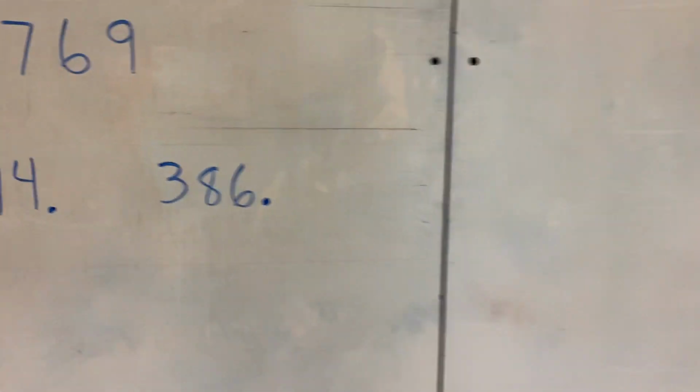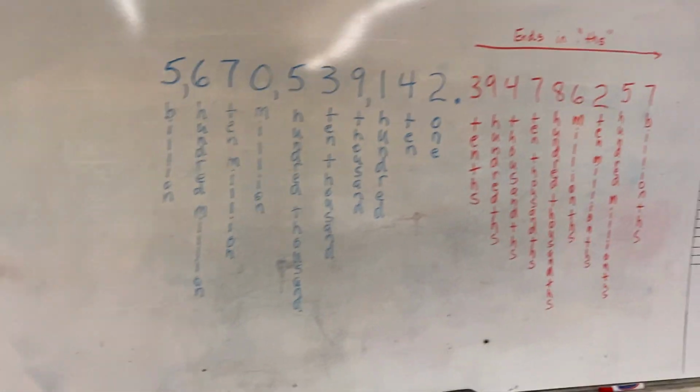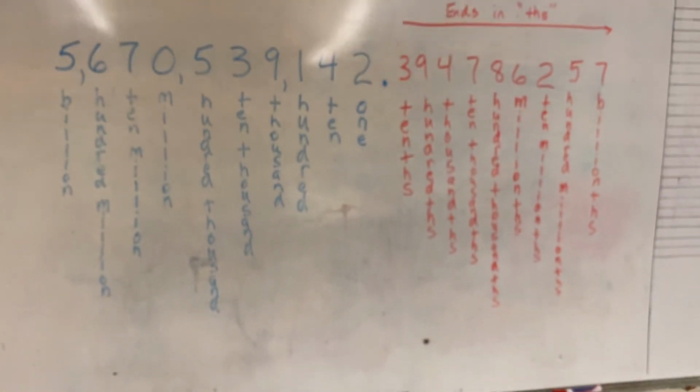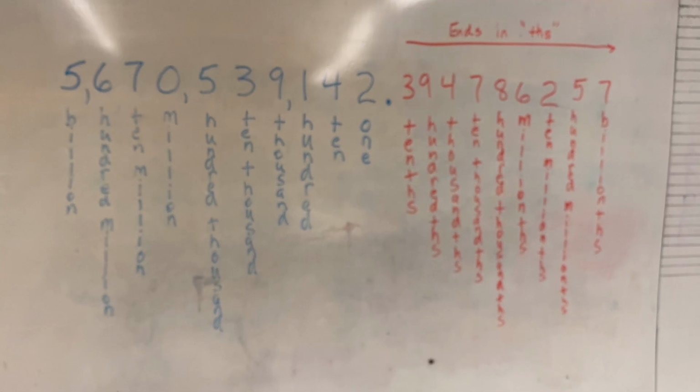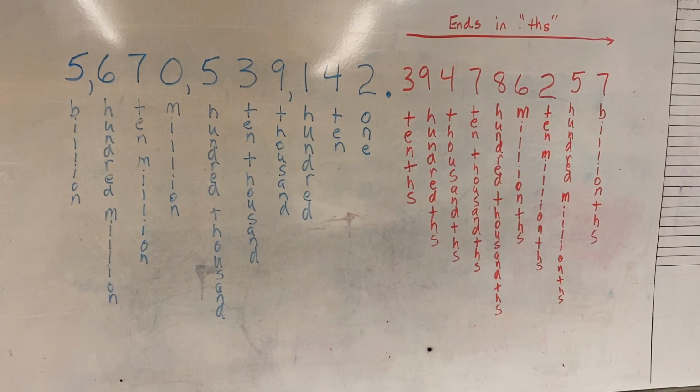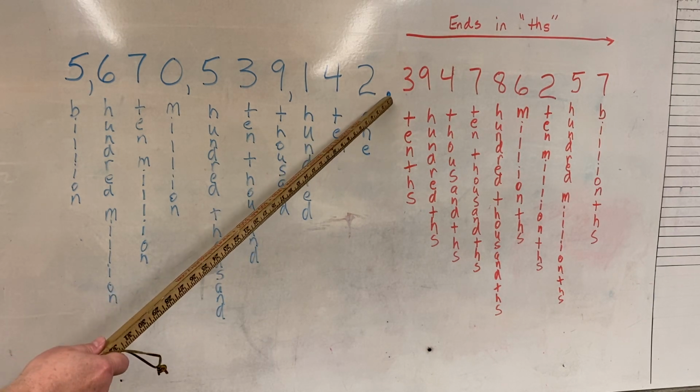Okay, so now we're going to go over here to our place value chart. So I've created this for you that you can use for a reference. As you can see, here's your decimal.